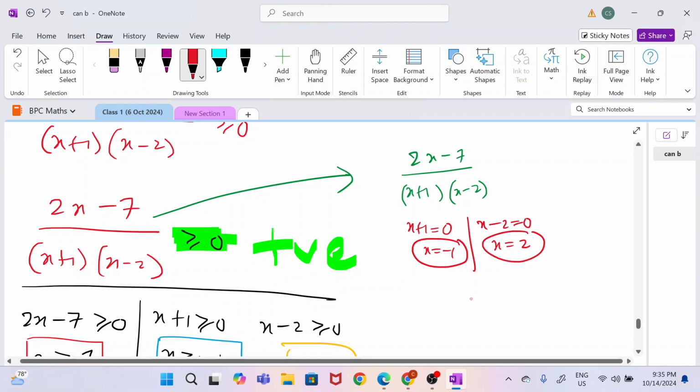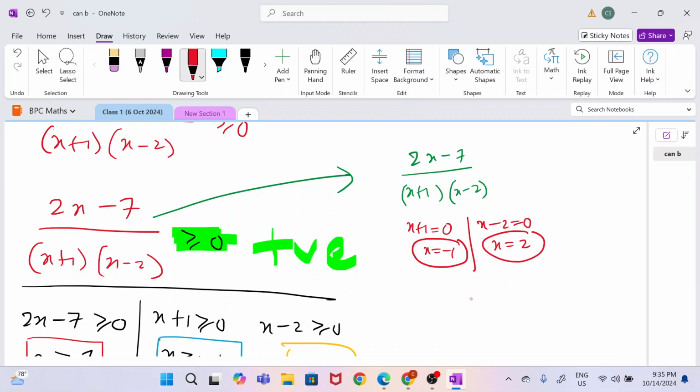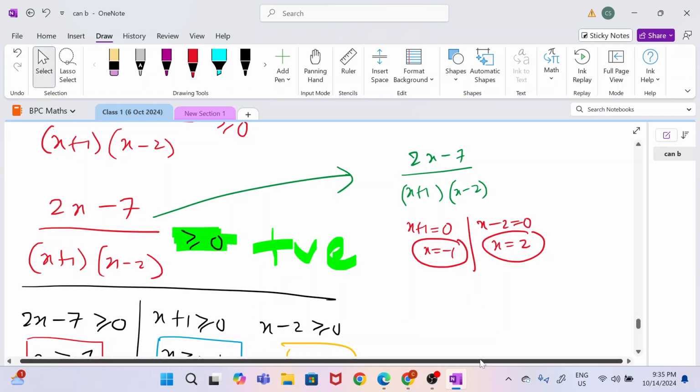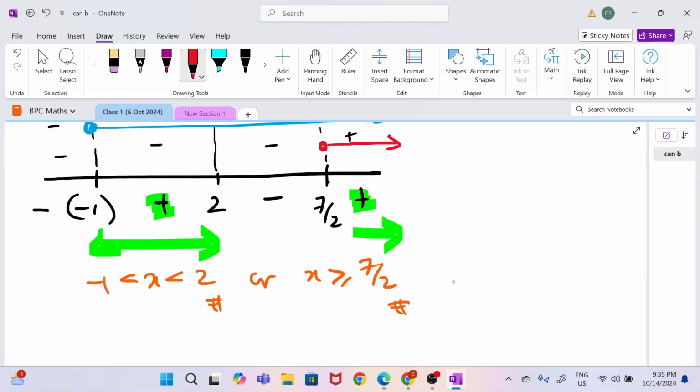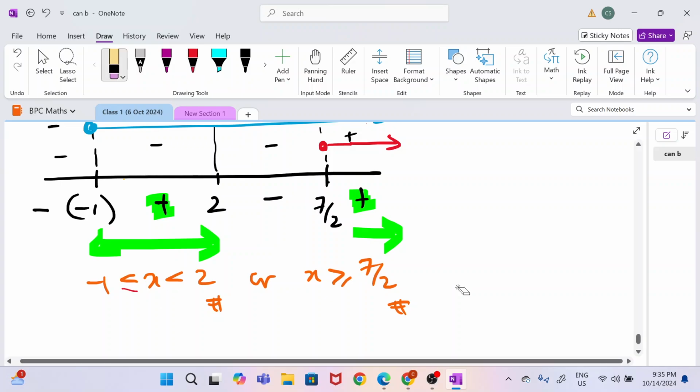If you put x equal to negative 1 here, the whole thing becomes 0. And last class I told you, if you press any number, press equal, divide by 0, you get math error. So we don't want that to happen. So in our answer here, we remove the equal, so it doesn't include negative 1 and 2.